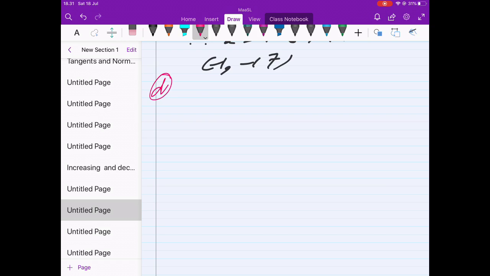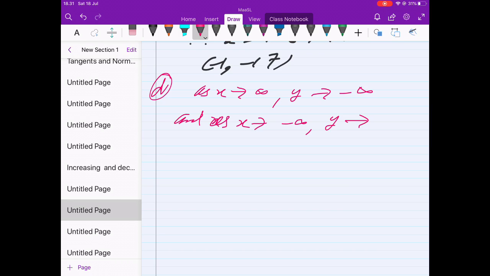As x approaches infinity, what will happen to y? y will approach negative infinity. And as x approaches negative infinity, y will be approaching plus infinity.